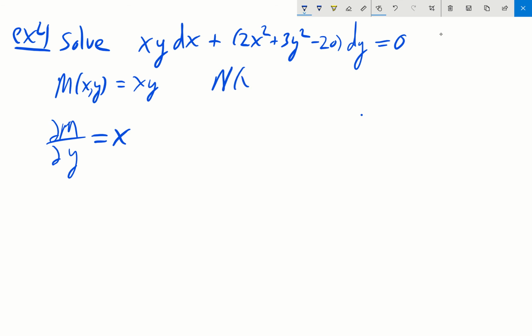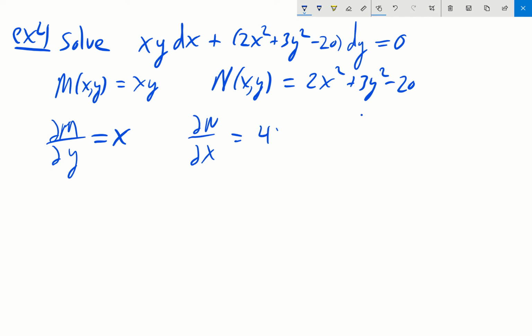N of x comma y is 2x squared plus 3y squared minus 20. We want to take the partial of N with respect to x. That would be 4x. And when we compare the two, they're not equal to each other. So it's not exact.